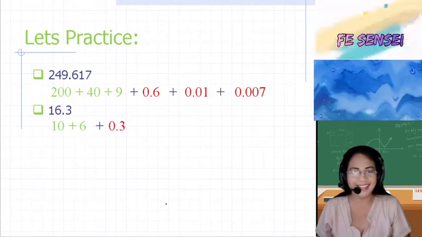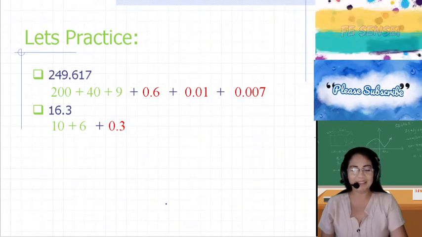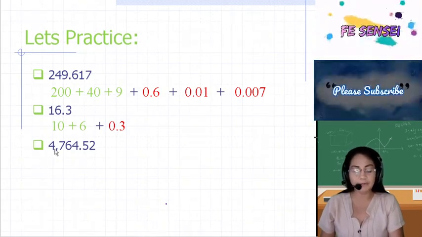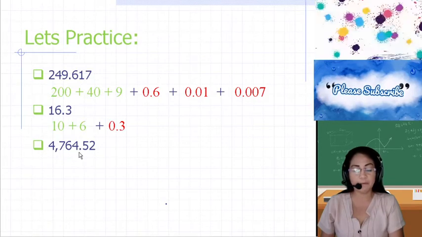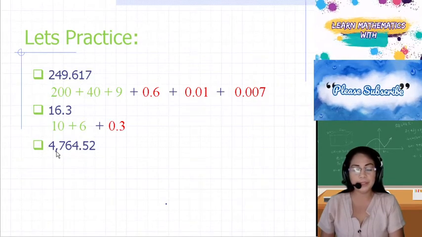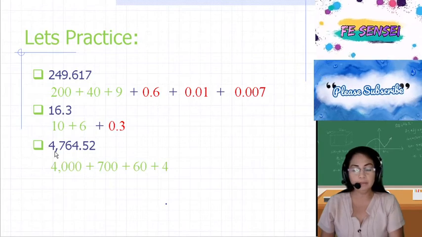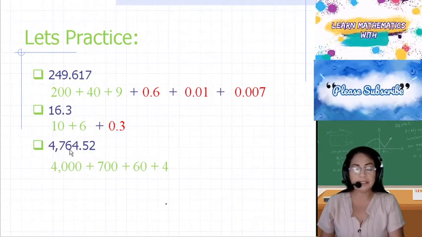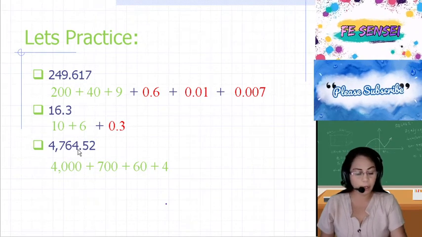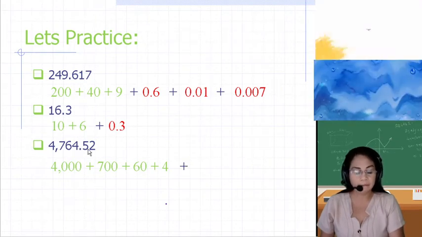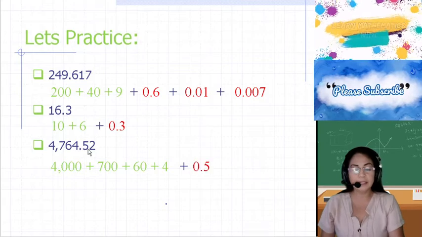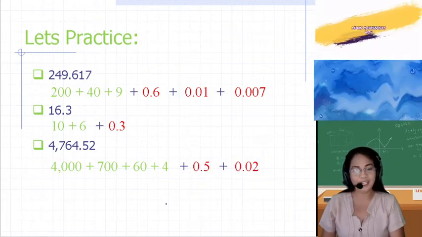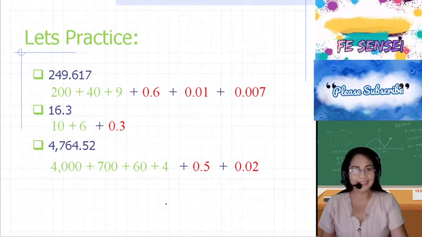So easy, right? Okay, another example. The number is 4,764 and 52 hundredths. So 4,000 plus 700 plus 60 plus 4 plus 5 tenths plus 2 hundredths. Okay.